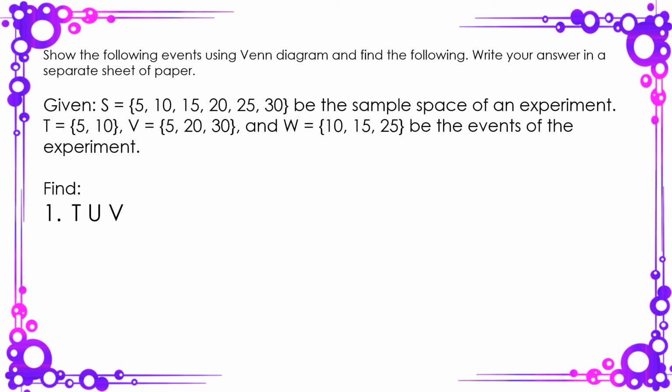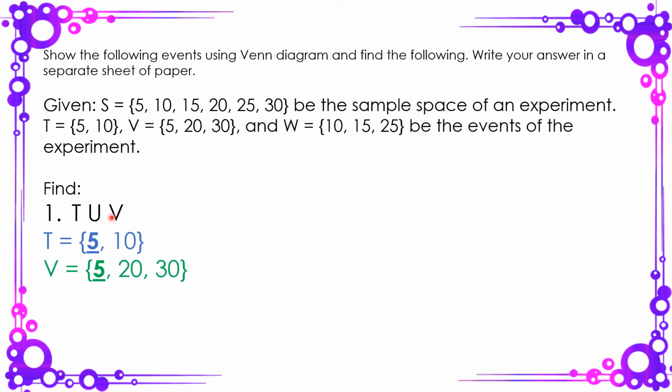So again, in union, if you are going to use the Venn diagram, first, we have to write what are the possible outcomes for letter T. So this is 5 and 10.